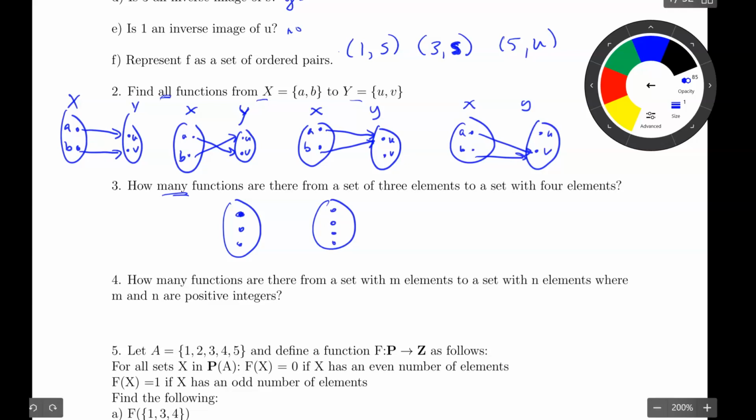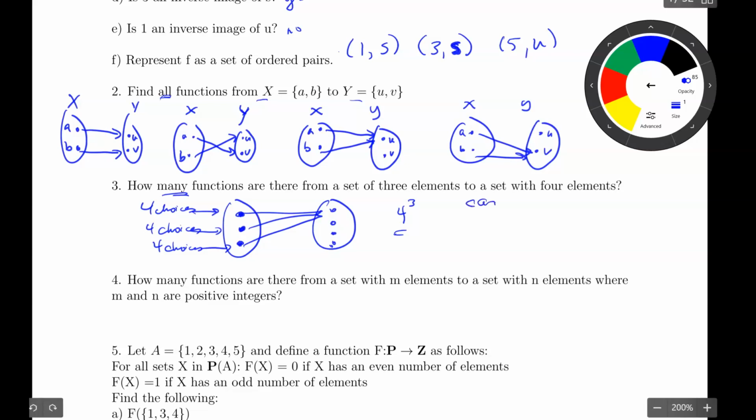So this element here would have 1, 2, 3, 4 choices, right? So this element has 4 choices. This element here has another 4 choices. And this element here has 4 choices, right? Because they all could go to the same one. So it doesn't matter. So they each have 4 choices. So that would be 4 cubed. That would be the number of functions.